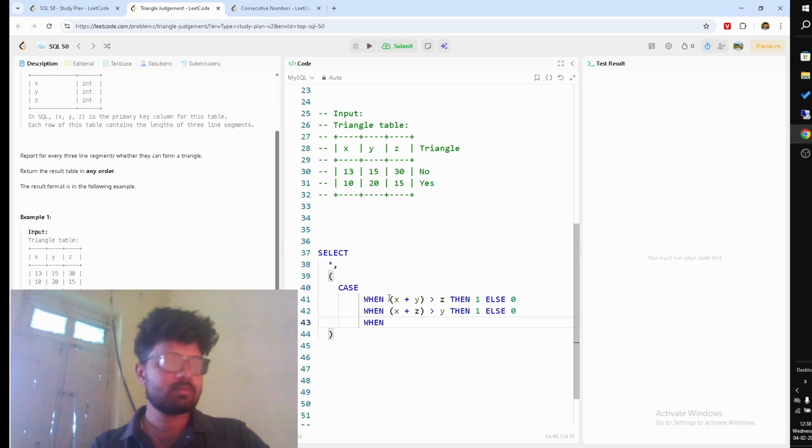When second side plus third side is greater than first side, then 1, else 0. And we are ending here.